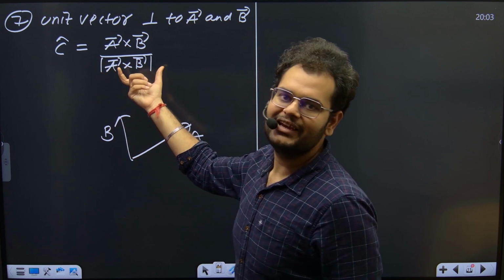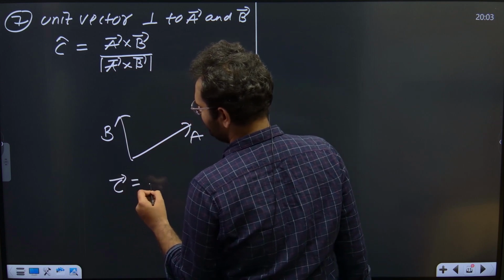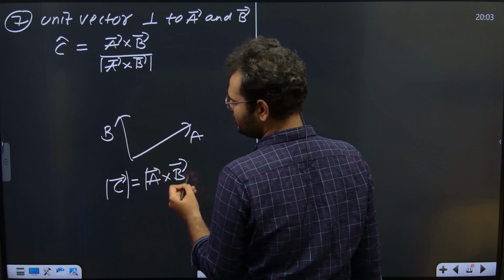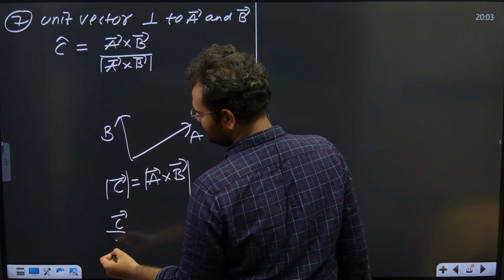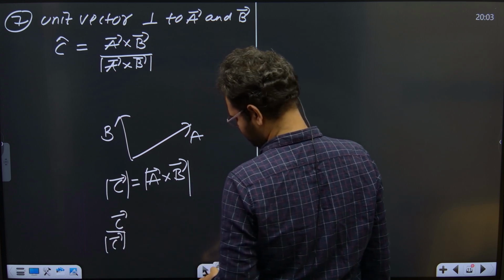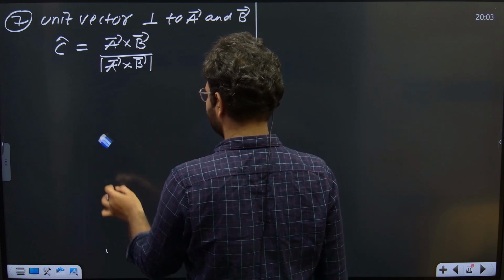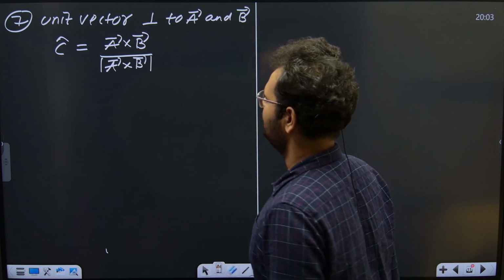Simply divide by the magnitude. C vector is A cross B, and this is its magnitude. So if you divide the C vector by its magnitude, you will get this. Learn this formula, very, very important, because we will use it in numericals. What else, sir?